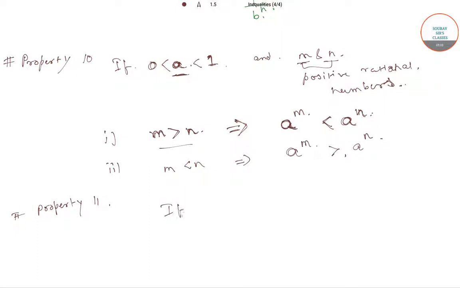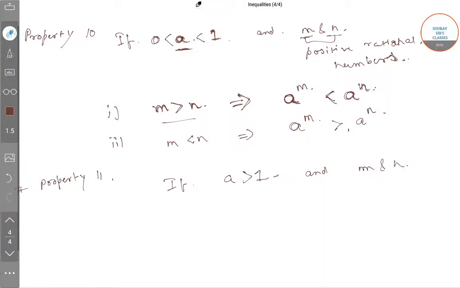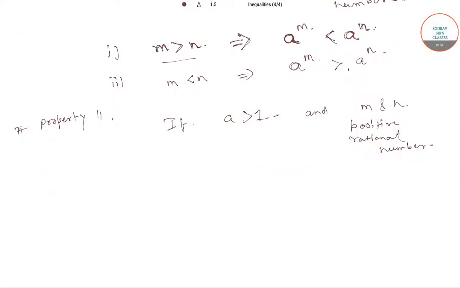Now if a is greater than 1 and m and n are two positive rational numbers, then if m is greater than n, this would imply that a raised to the power m is greater than a raised to the power n.